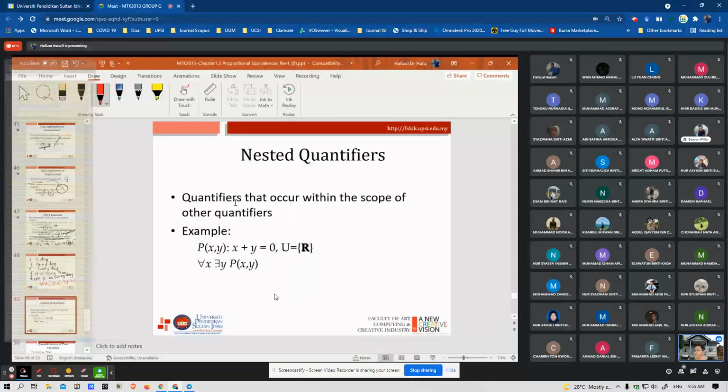For example, for all x, there exists y, and then P(x, y). This one is nested.